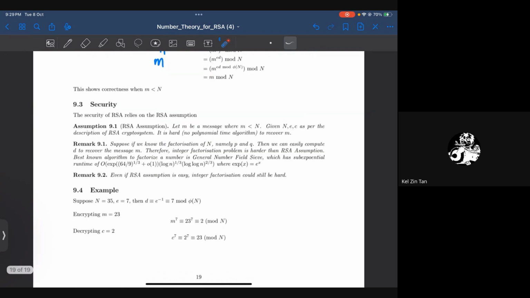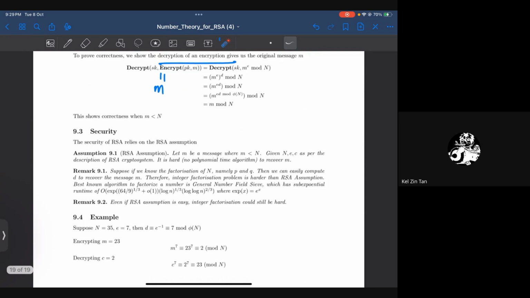So now let's talk about the security of RSA. The security of RSA relies on the RSA assumption. So the RSA assumption is that given a ciphertext of message m, and given n and e as per the description of the RSA crypto system, it is hard to recover m. By hard here, we mean there is no polynomial time algorithm to recover m, because you can always brute force, right?